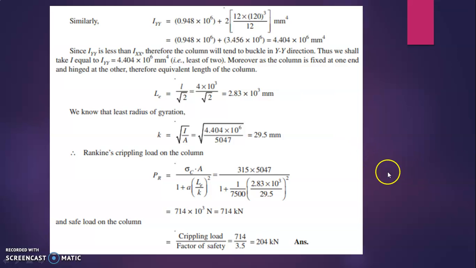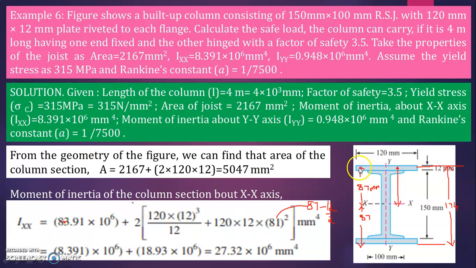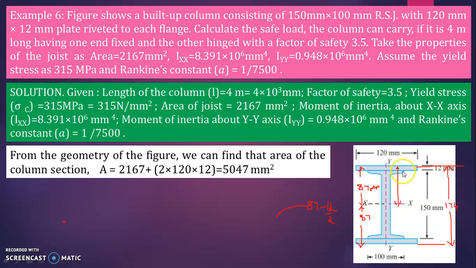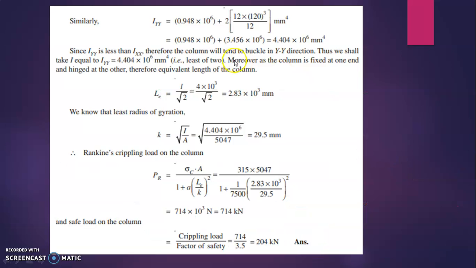So what is B cube? B is now 120 here, this is 120 and this is 12. So you have to substitute B cube, that is 120 cube into 12 divided by 12. Add this, you get 4.404 into 10 raised to 6 mm raised to 4.